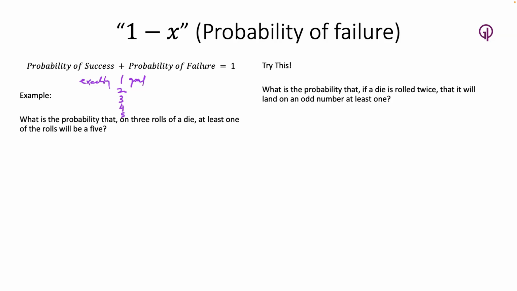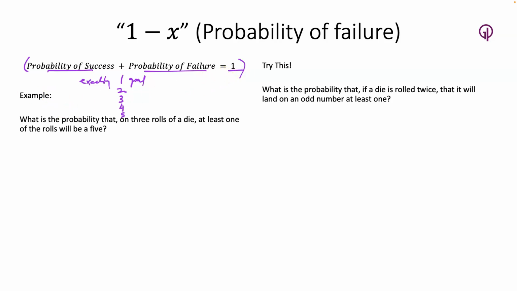Now you have only one possibility to consider, which is 0 goals. For any event, the following relationship is true: probability of success plus probability of failure is equal to 1.